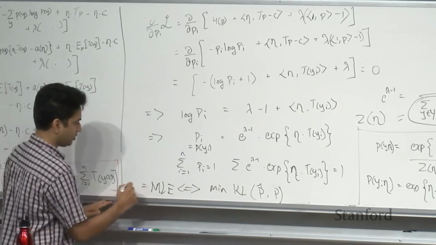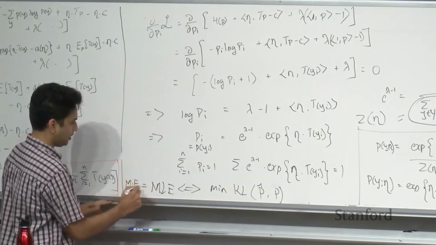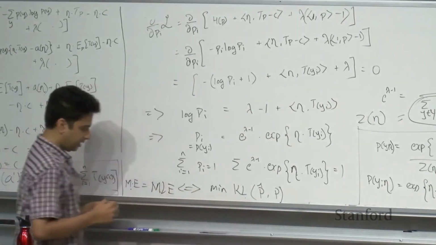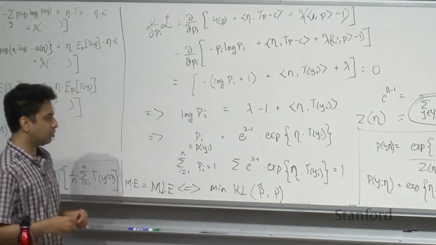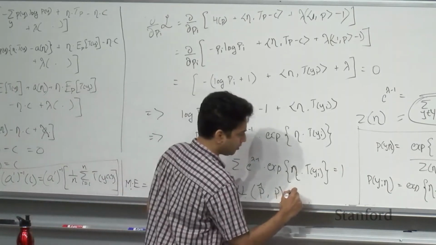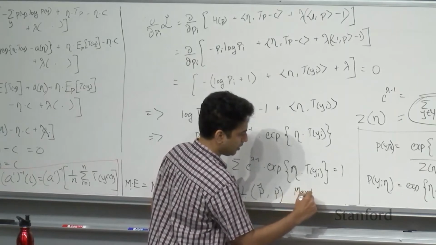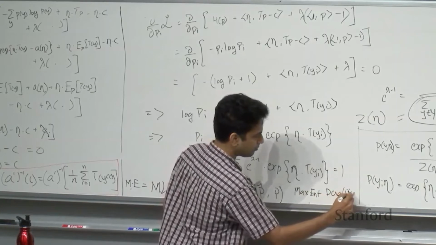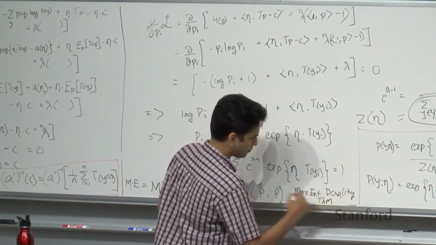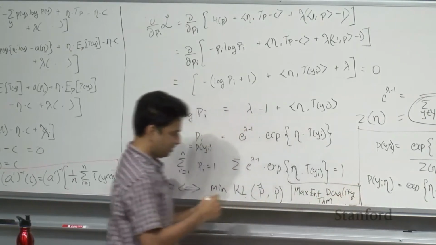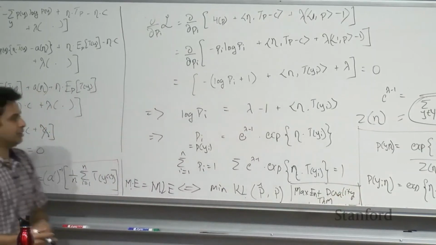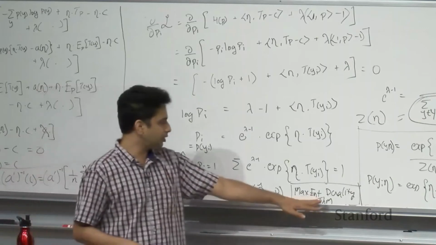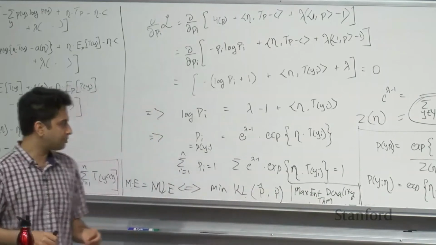And this is equal to max entropy. The connection between maximizing entropy and minimizing KL divergence is also called the maximum entropy duality theorem. For those of you who are more interested in the theoretical side, you might want to look it up.